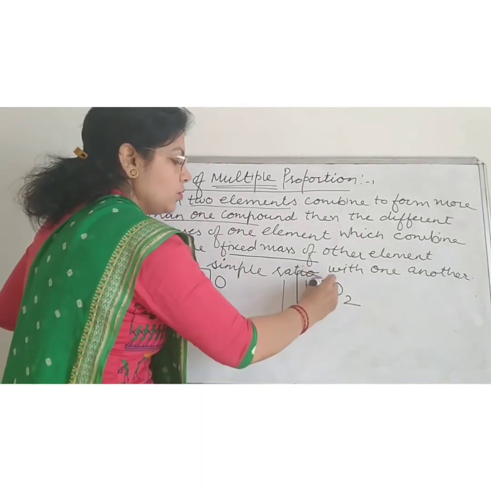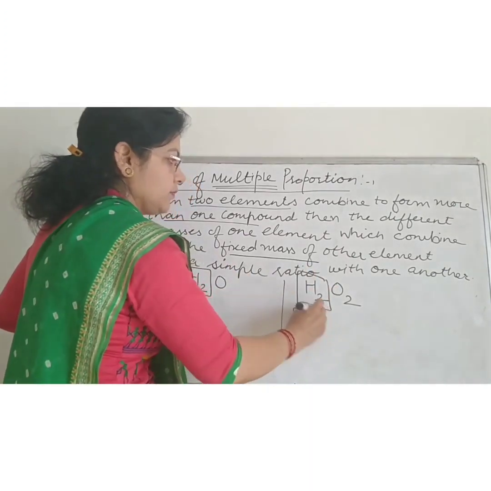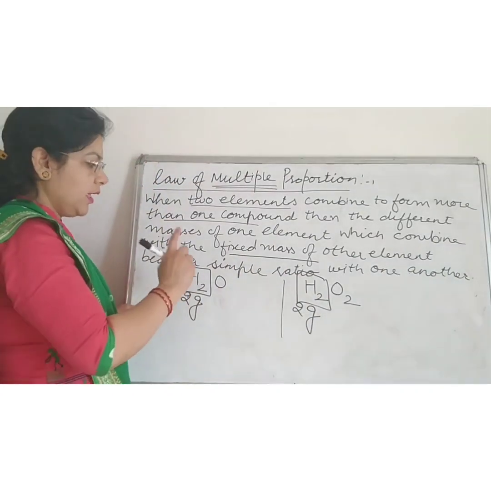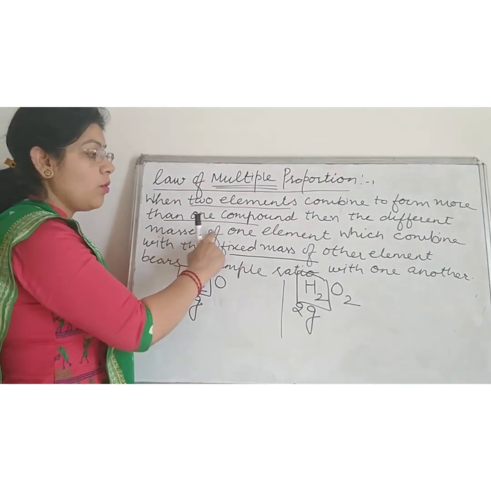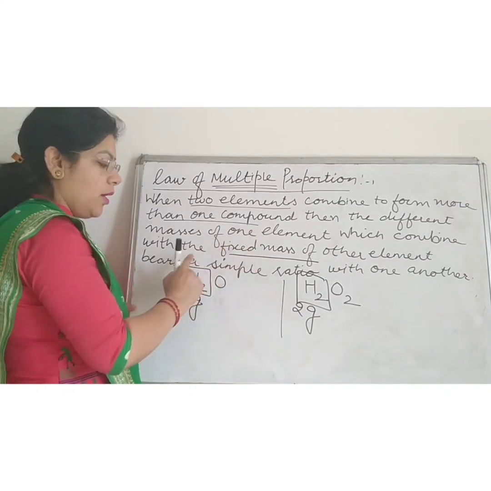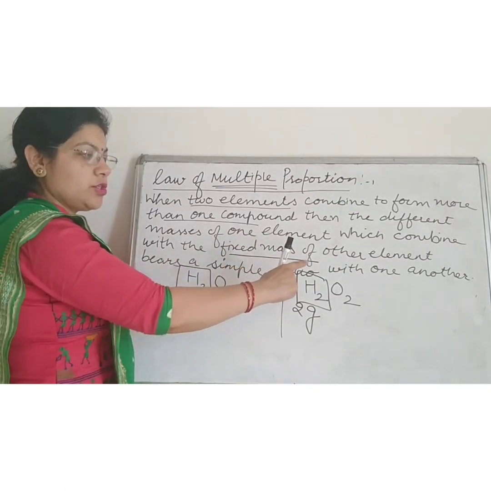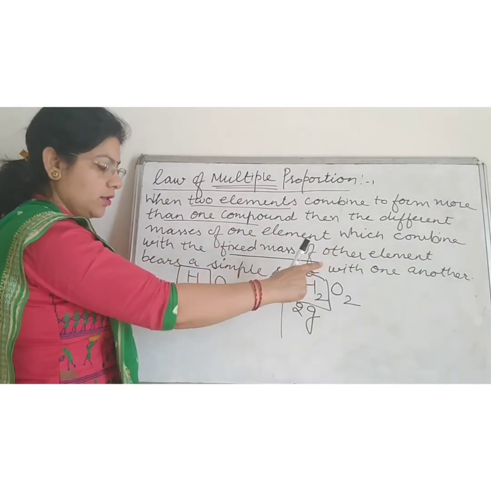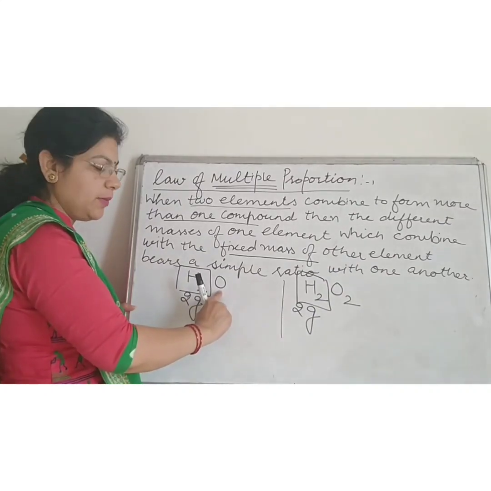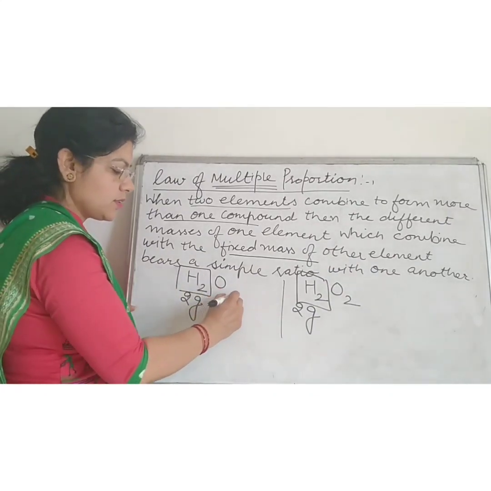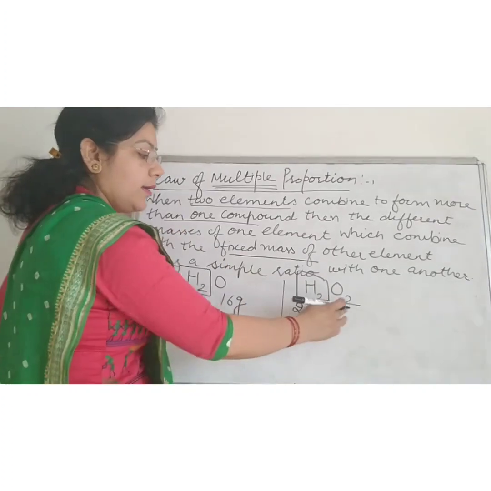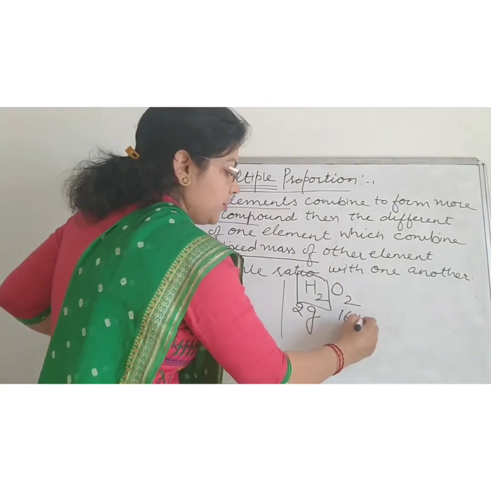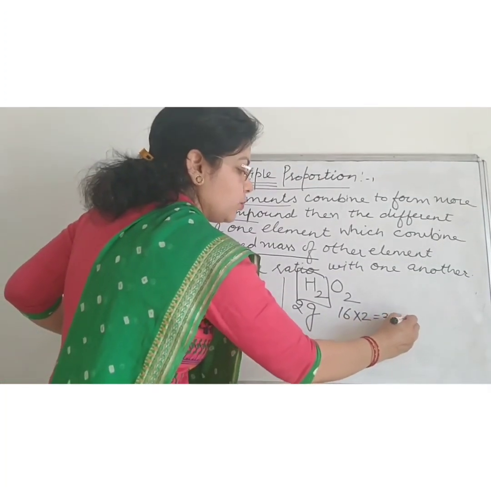Here also 2 grams. Then the masses of the other element bear a simple ratio with one another. Here different masses of which element? Oxygen. Here 16 grams, and here 16 into 2, that is 32 grams.